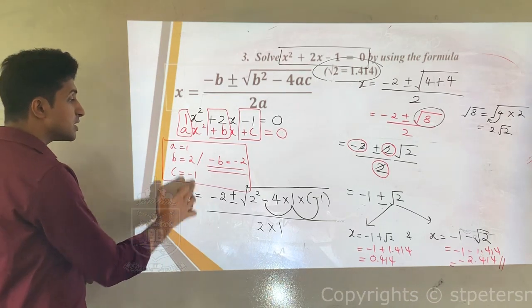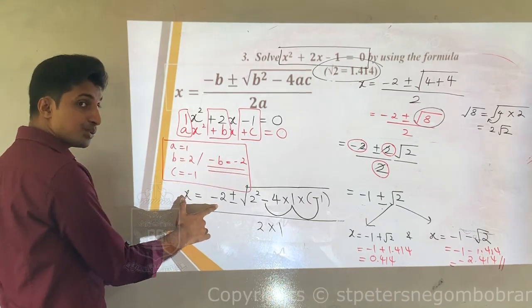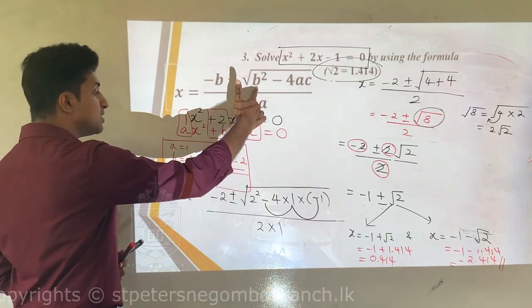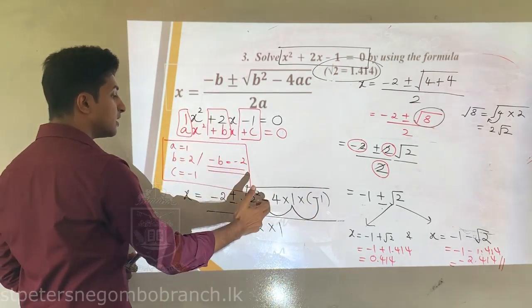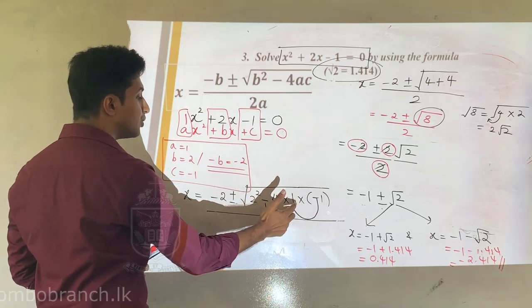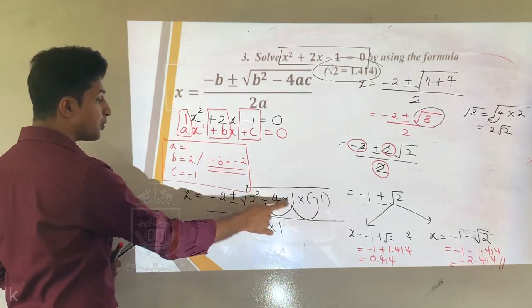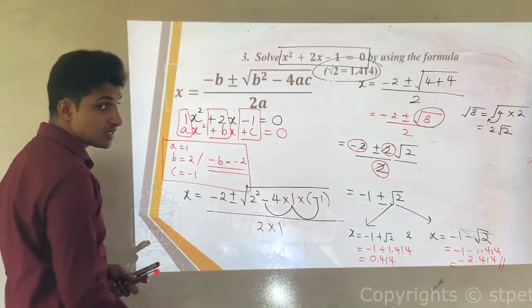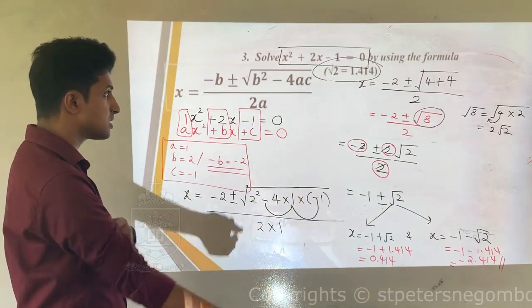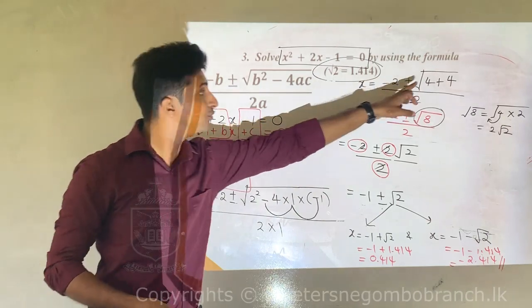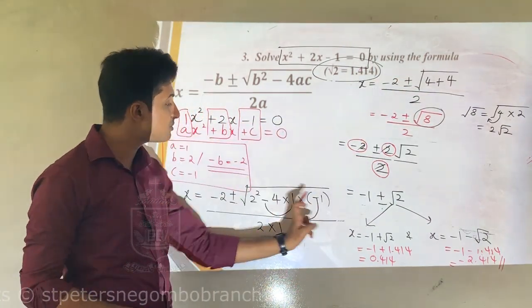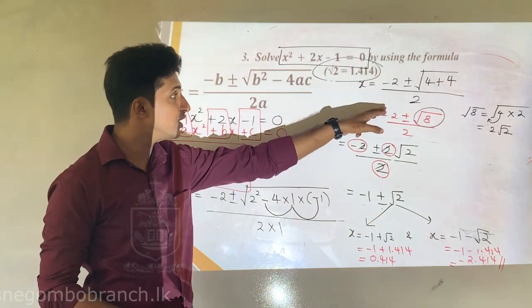Then take x equals minus b, the value is minus 2, plus or minus inside the square root b square, that is 2 square minus 4 into a, 1, into c, c is minus 1. Be careful about the signs or else your answer might change. The 2 square is 4, minus into minus is plus, 4 times 1 is 4, divided by 2.